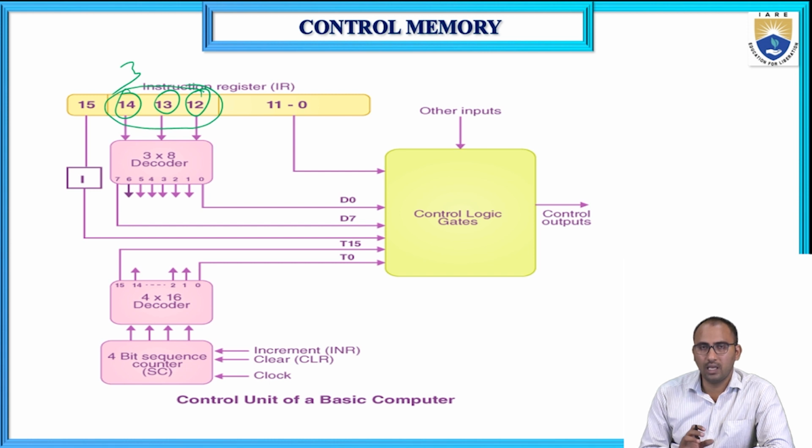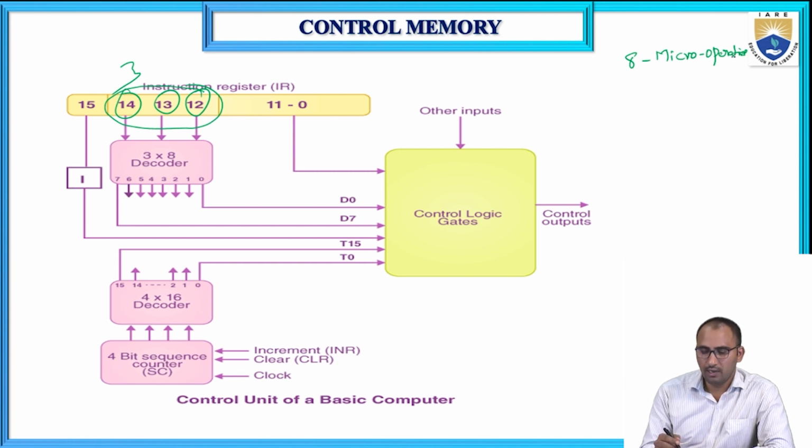Okay, so the 3 bits can be used to represent the opcode. So 3 means 2 power 3, so total 8 different micro operations we can perform. Okay, so it generates a binary sequence.